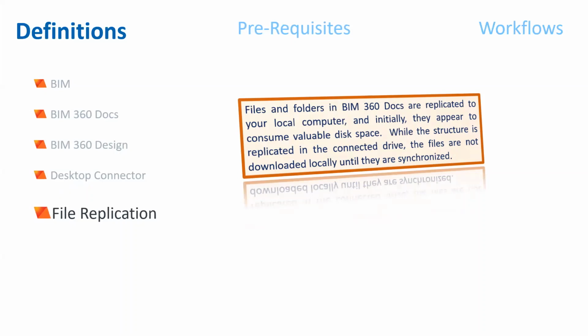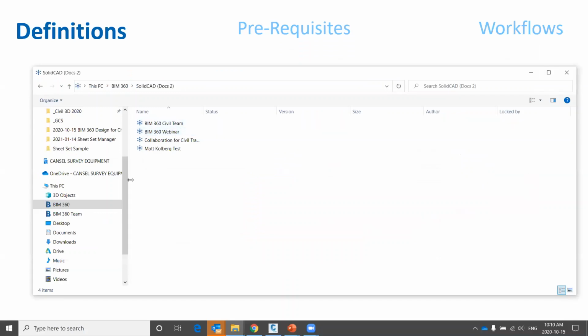File replication, just like OneDrive or Google Drive: files show up in the cloud and they also show up on your computer. Let me show you something. Now, here is my drive on my computer.